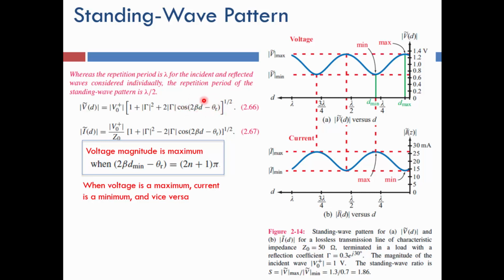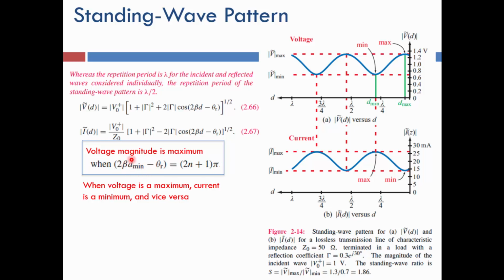This cosine could be minus 1 if this argument equals odd pi's, that means 1 pi, 3 pi, 5 pi, 7 pi. If this argument is equal to odd pi, the voltage will be minimum.